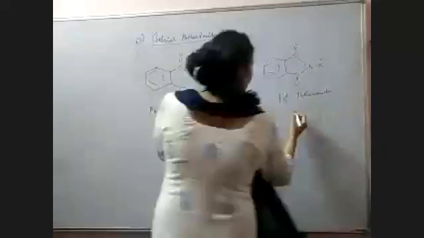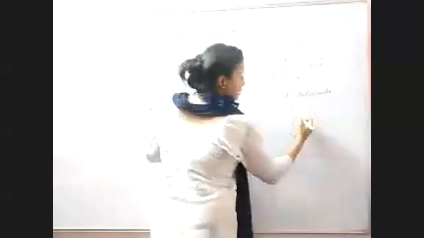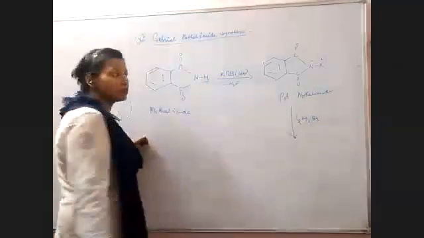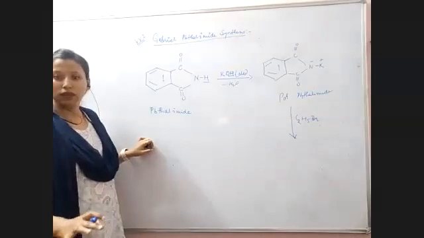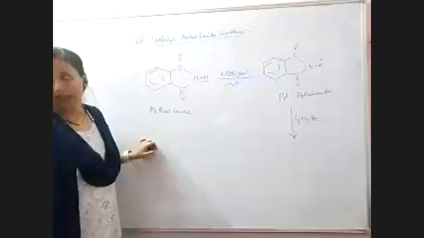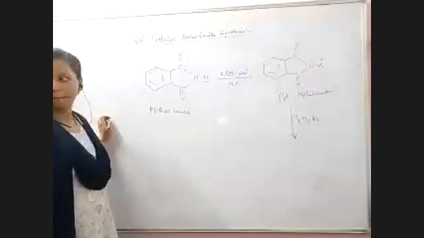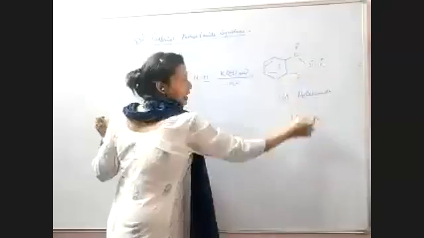In the next step, I will treat potassium phthalimide with, suppose I'm taking C2H5Br. Which class of compound is this? Alkyl halide. Byproduct क्या बनेगा? KBr. And this will go with N, right?